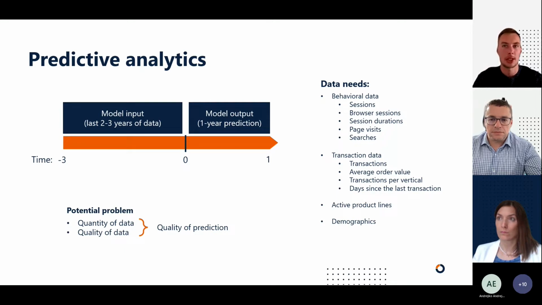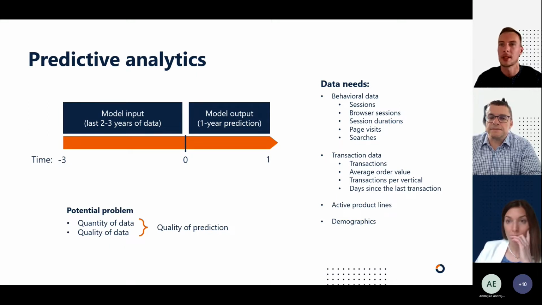We also need the transactional data, so the number of transactions overall, how much money they spent overall in the past 2 to 3 years, what the average order value of their orders was, if he or she made any transactions in different verticals, in case your business operates in more than one vertical, and how long they have been inactive, so how many days since the last transaction. It's also great to have some information about the demographics of your customers, as well as about the products that you are selling online or in a different way.